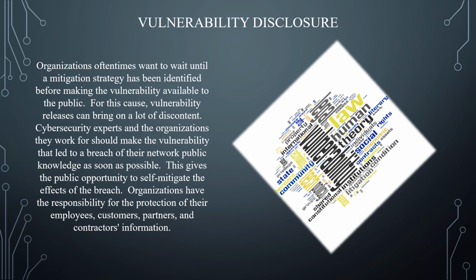This gives the public opportunity to self-mitigate the effects of their breach, whether it's their credit card information, their passports, and other PII that may have been compromised. Organizations have the responsibility for the protection of their employees', customers', partners', and contractors' information.